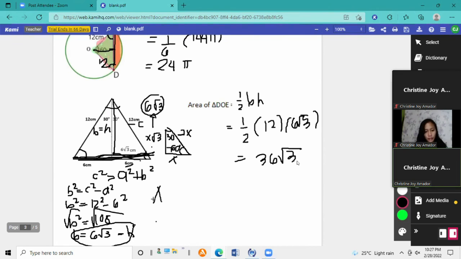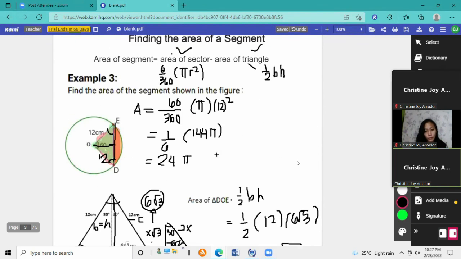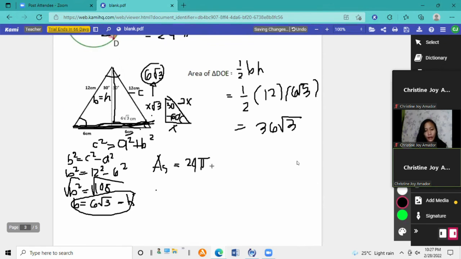The area of our segment is equal to the area of a sector, which is 24 pi, minus the area of a triangle, which is 36 square root of 3. With this, we have the area of our segment, which is 24 pi minus 36 square root of 3.